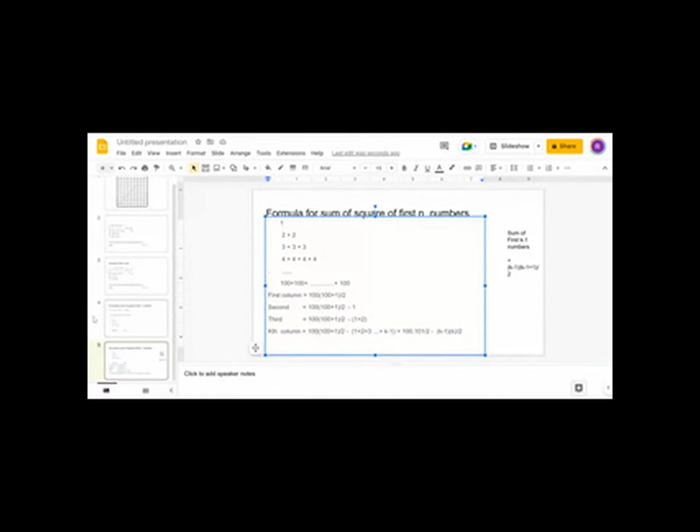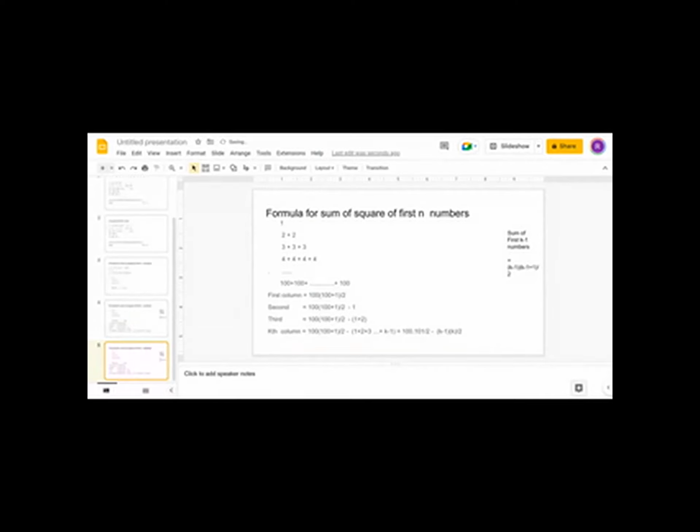Okay. So now we know that the kth column will have this much, and we're going to add the first column, second column, third column, and so on. So what will we get now? We know that the kth column is this much.